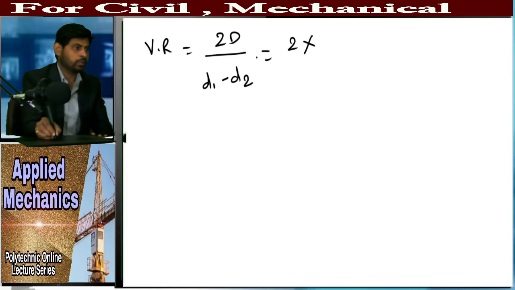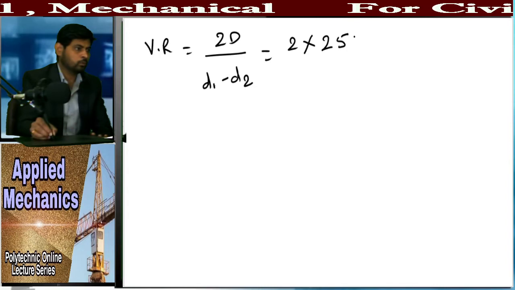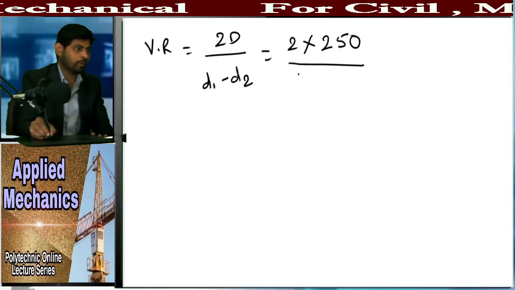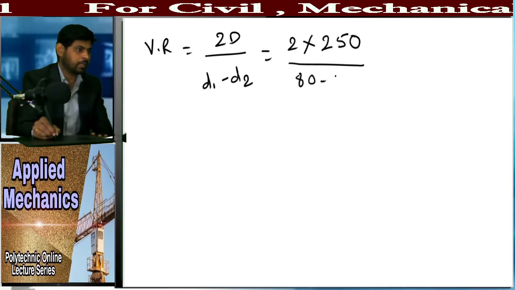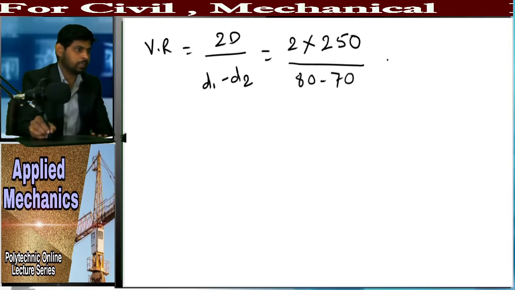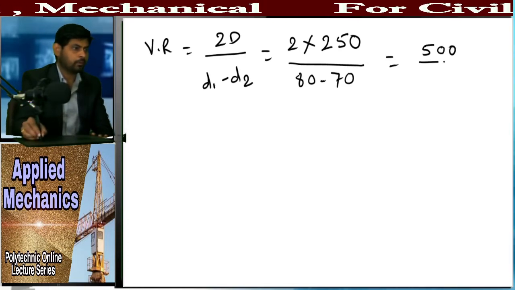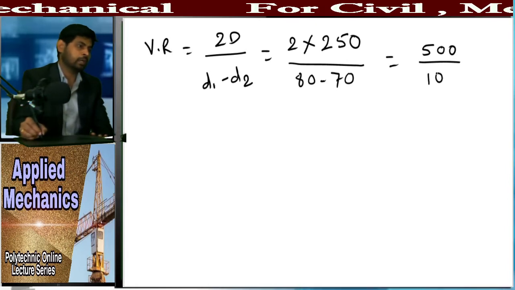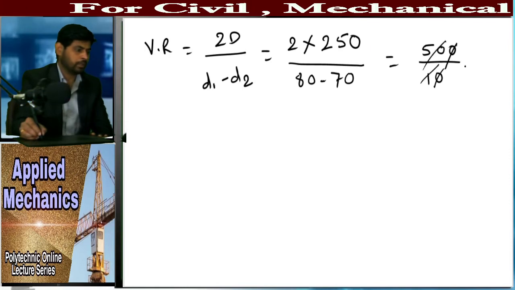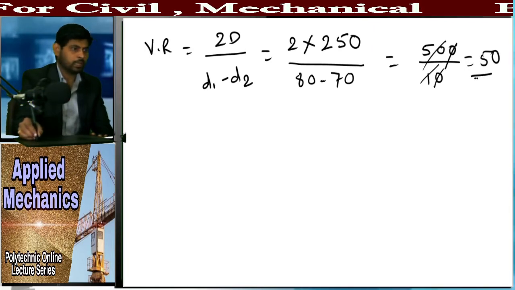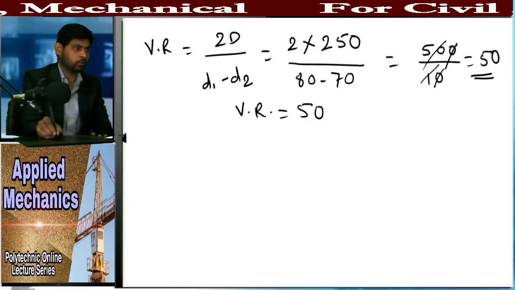So 2 into the diameter of the wheel, 250, divided by 80 minus 70, d1 minus d2. Here 2 multiplied by 250 means 500 divided by 10. Here the 10s get cancelled, so you get the velocity ratio, which is 50. So 50 is the velocity ratio.